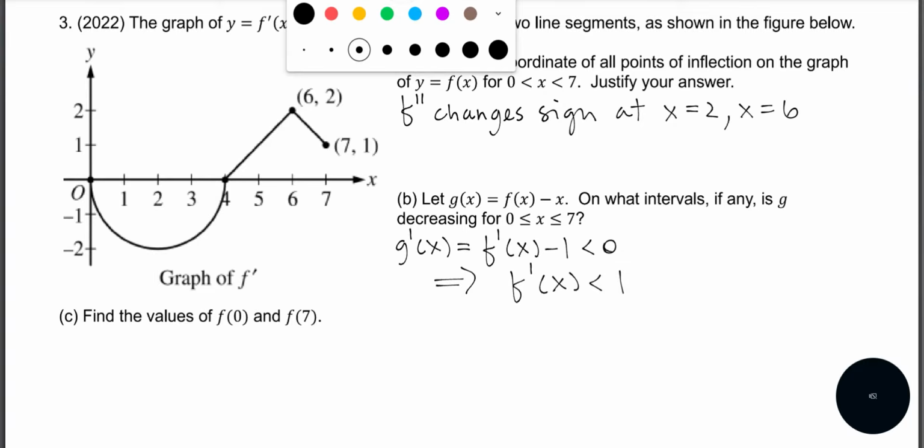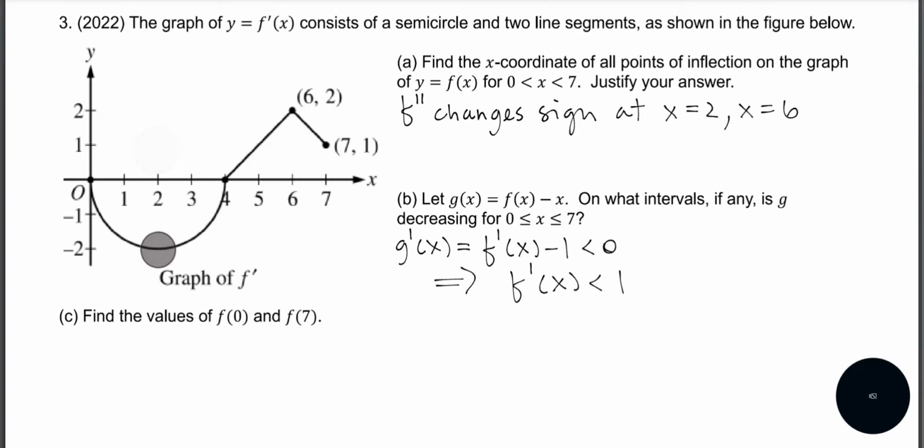And, okay, well, here's where f prime of x is equaling 1. Okay, and if we want less than 1, well, that would just be everything before x equals 5. Okay, so x is less than 5 there.